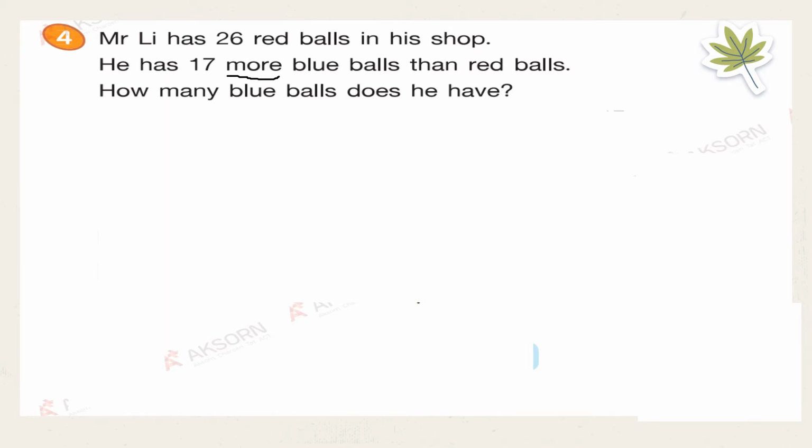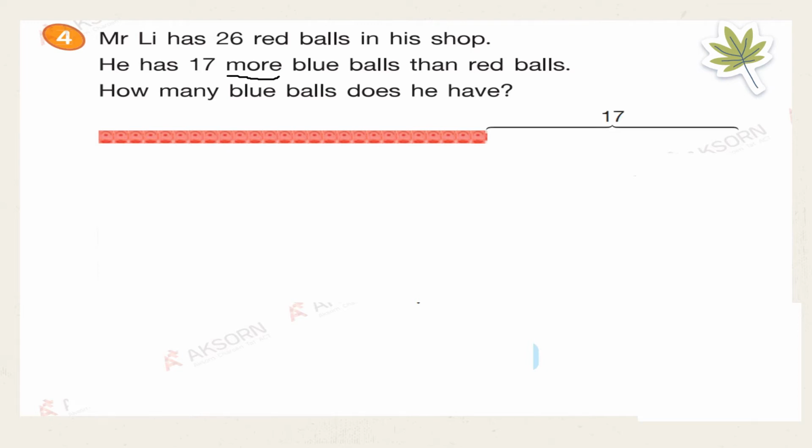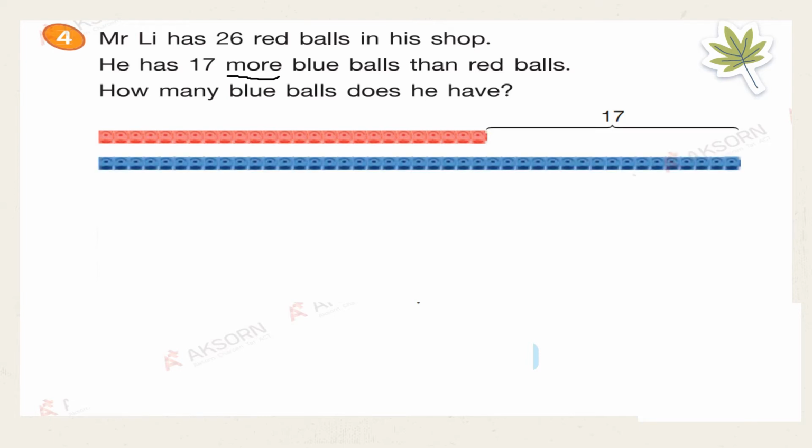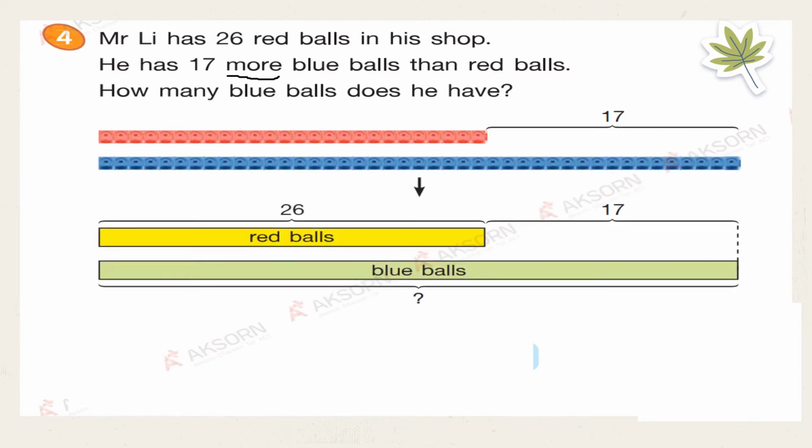How many blue balls does he have? So we have 26 for the red balls and 17 more for the blue balls. So the red balls is 26 while the blue balls is more than 26.